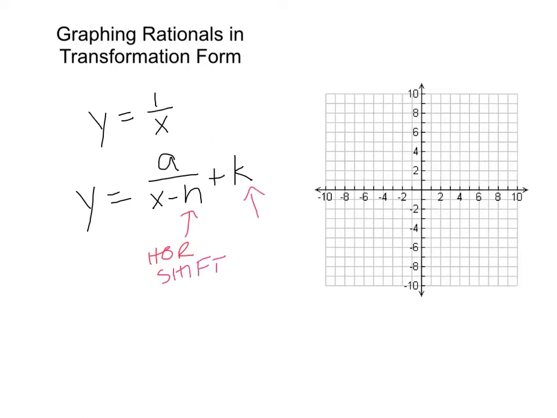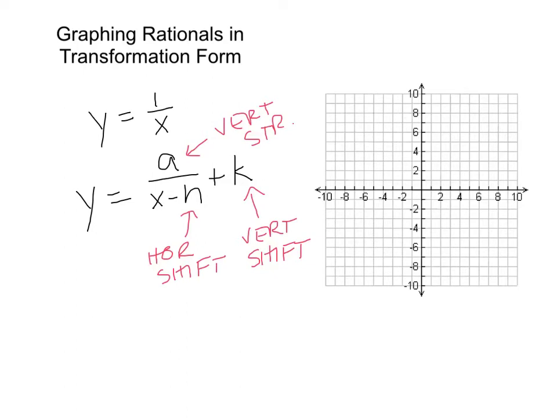K is going to show you the vertical shift. And a is going to show you the vertical stretch or compression. So we can use the same rules that we used for the transformation form of the other parent functions in order to graph these using transformations.